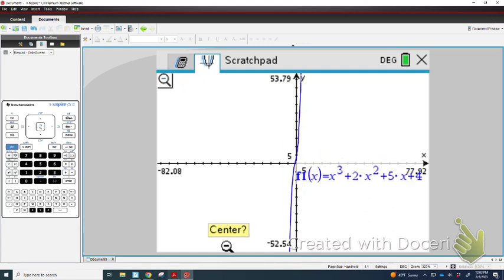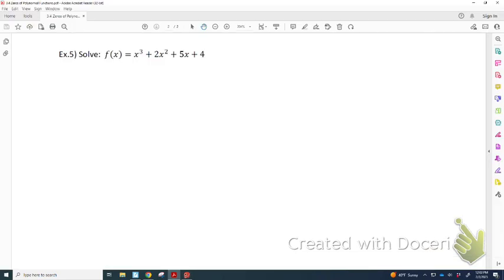So on your paper, you need to show me that. But let's list out our possible zeros. So factors of 4, factors of 1, and possible zeros.